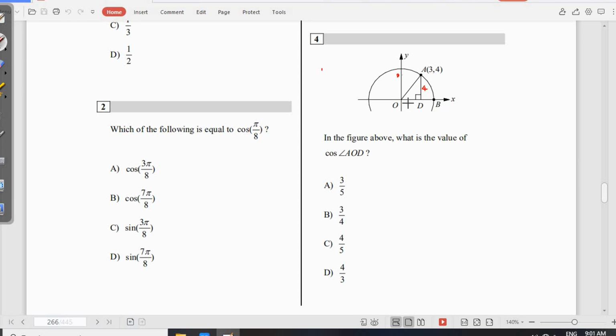The y is 4, and here is 3. We don't know what this side is, but we can use Pythagoras to get that real quick. So that's 4 squared plus 3 squared, that's 16 plus 9. 16 plus 9 is 25, so here is 5. So we have 5, 4, 3. That's a Pythagorean triple, 5, 4, 3.